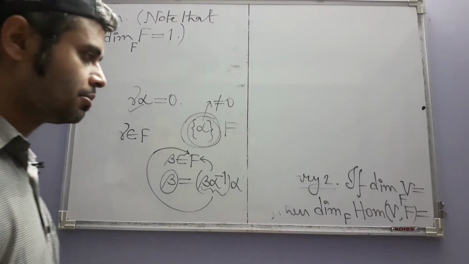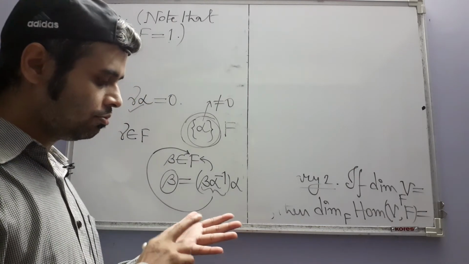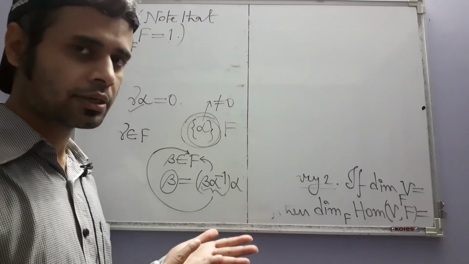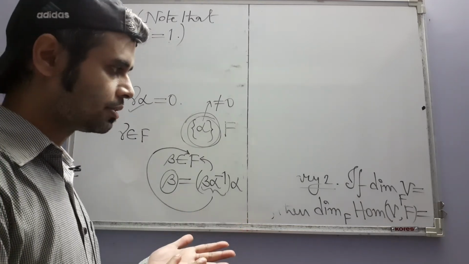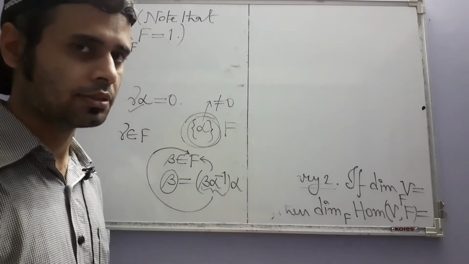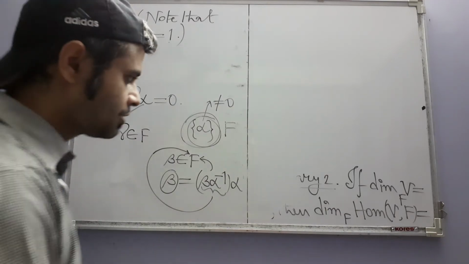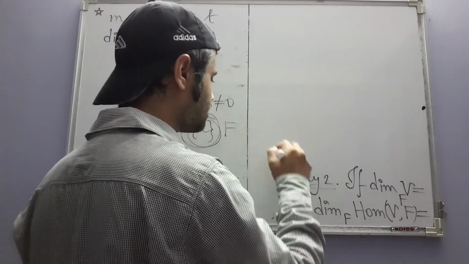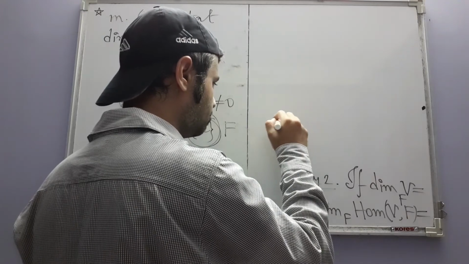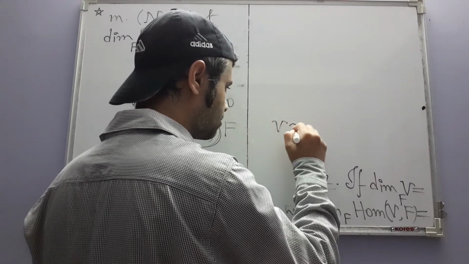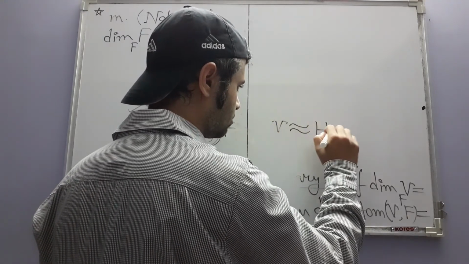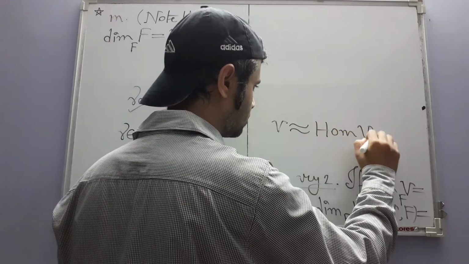And we know from a previous result that two finite dimensional vector spaces which have the same dimension are in fact isomorphic. So when V is finite dimensional, V is isomorphic to this space.